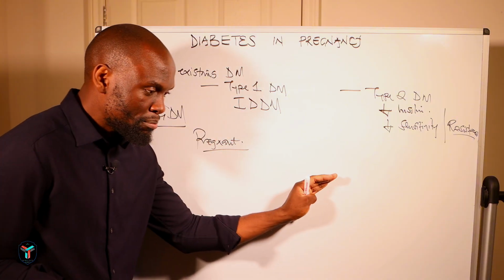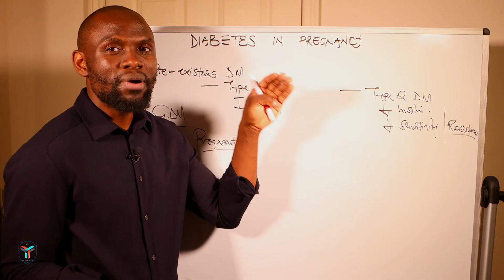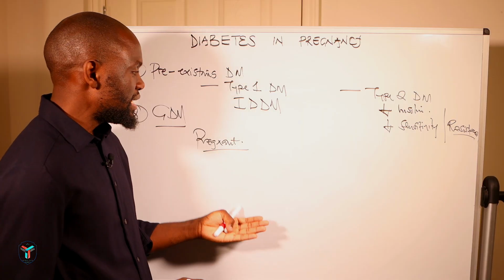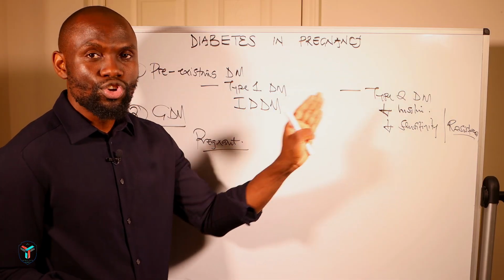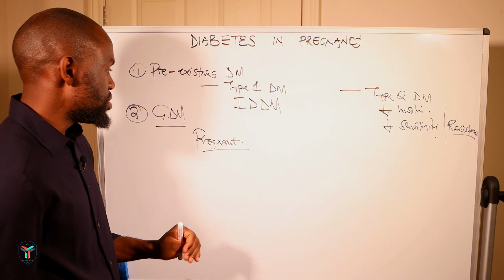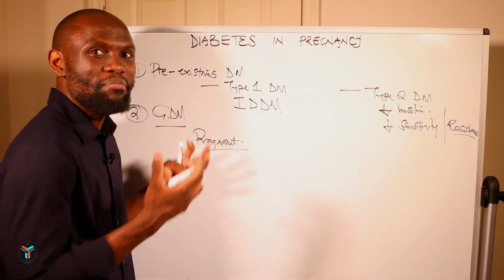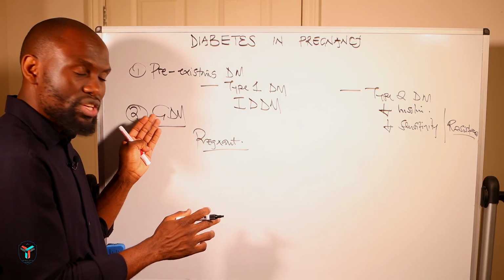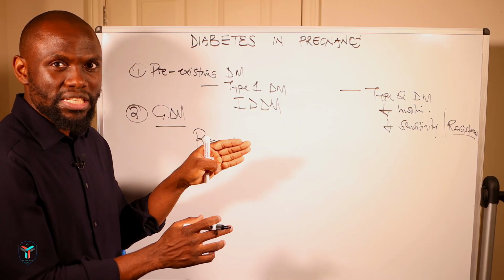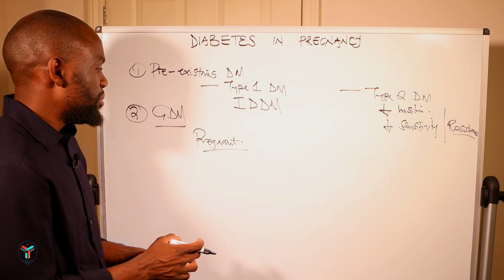Then when she becomes pregnant, all of a sudden her sugar levels become uncontrollable and high, above the normal limits that you would want to see. So it means that pregnancy is what has taken her into a state of diabetes, and that's why we call it gestational diabetes mellitus, because it is pregnancy-induced diabetes mellitus.